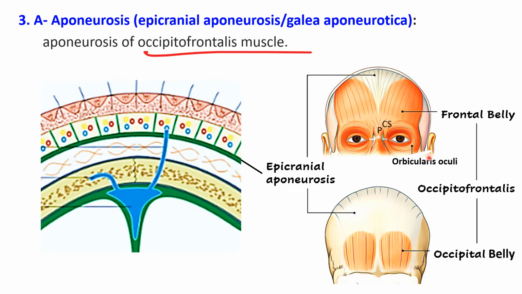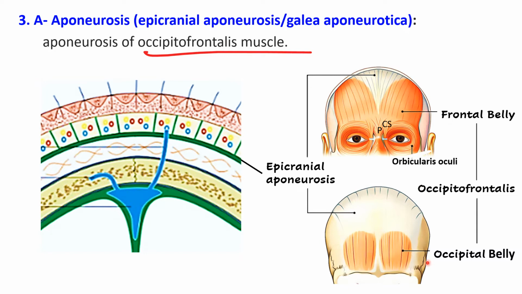So the frontal belly has no bony attachment. It takes origin from skin and subcutaneous tissue over the eyebrow and root of nose, and deep fibers are attached to these muscles. Now, where is it inserted? The frontal bellies are broad here. You can see very little aponeurosis between them. They are almost adjacent to each other. Posteriorly, they will be inserted into the epicranial aponeurosis.